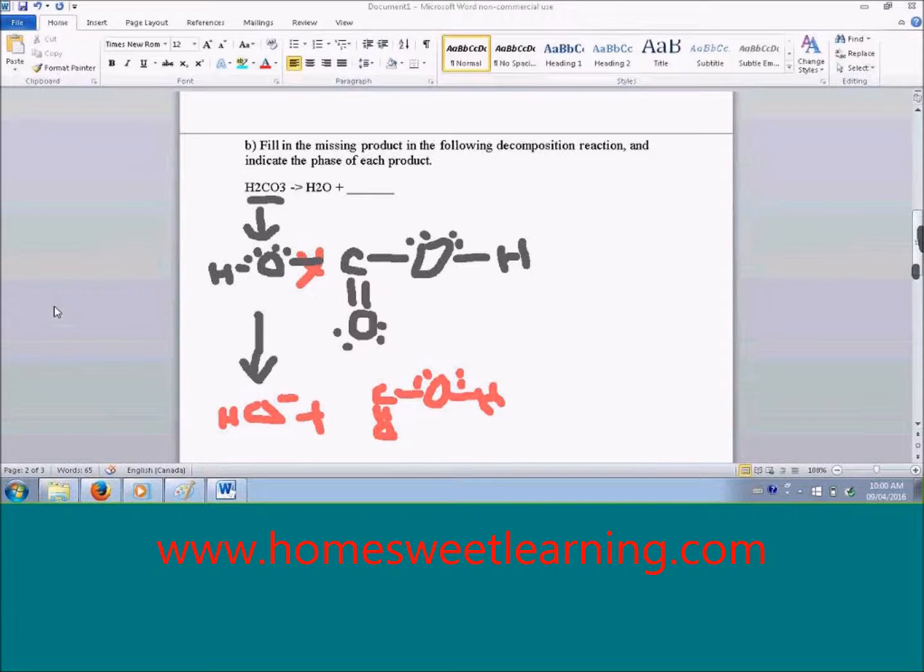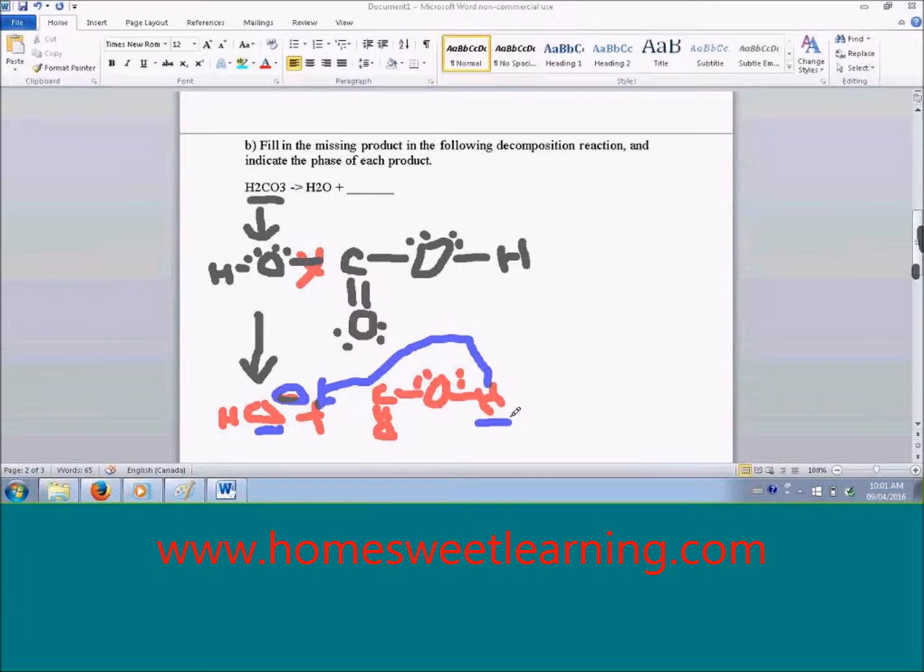Because hydrogen has a high affinity for electrons, and oxygen has an open area because of this negative charge, the hydrogen is going to attach to the oxygen.